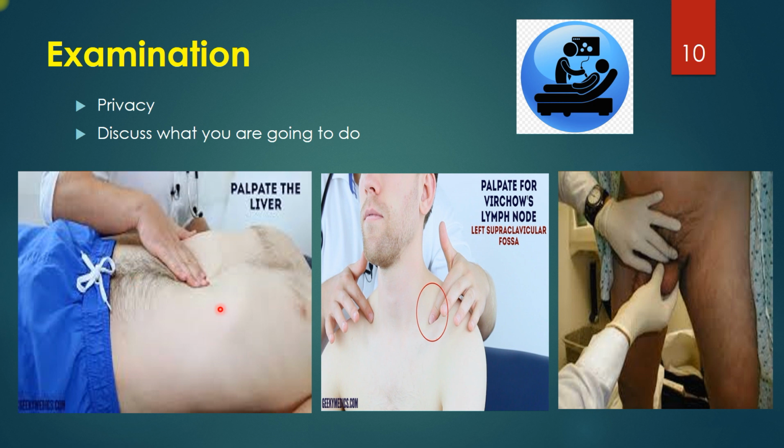Also, you can palpate the organs, especially the liver, for any hepatomegaly, and the left supraclavicular lymph node, as I said. And you have to pay attention to these things if you suspect a tumor in the testis, if you feel a hard mass or a solid mass in the testis.